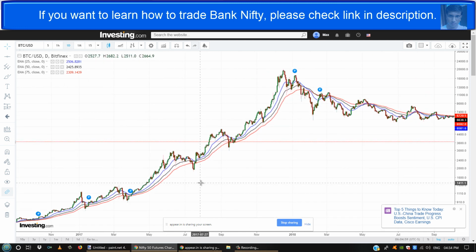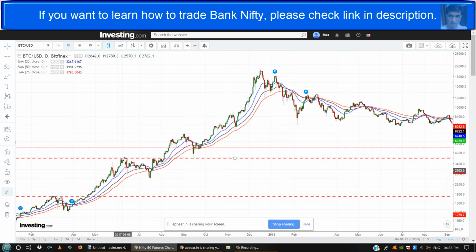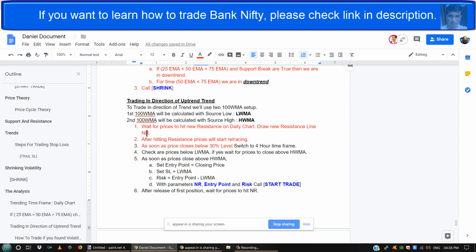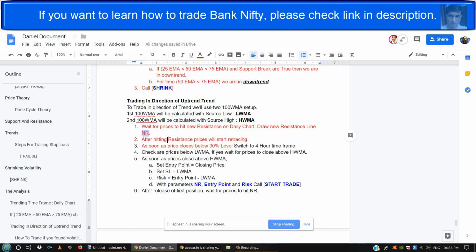Now since we can't go really back, let's assume that the resistance break happened here. So here this is our new resistance, NR. I will make it black, this one. Now what is the condition?